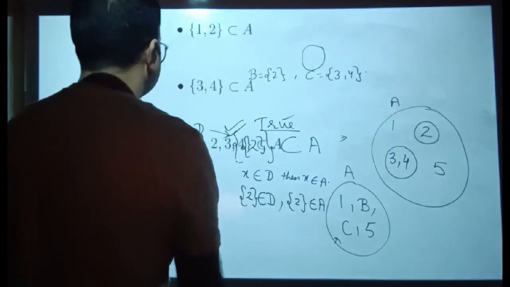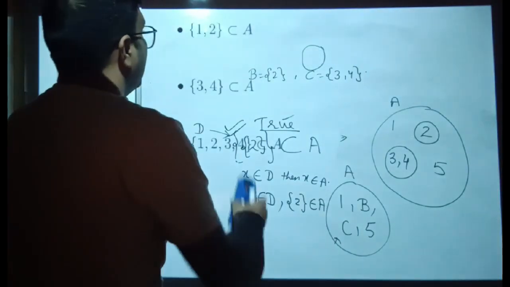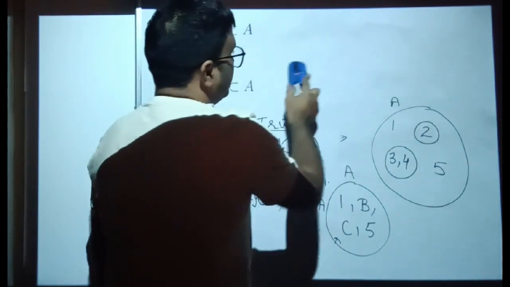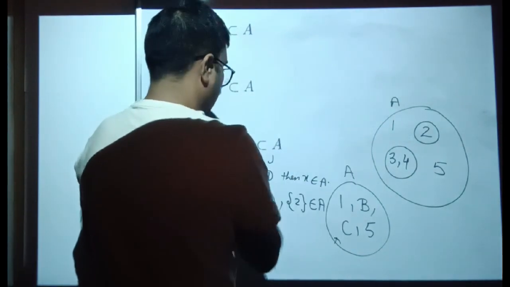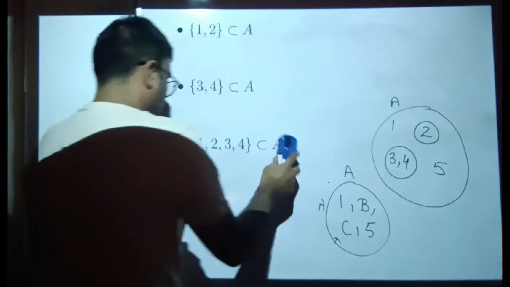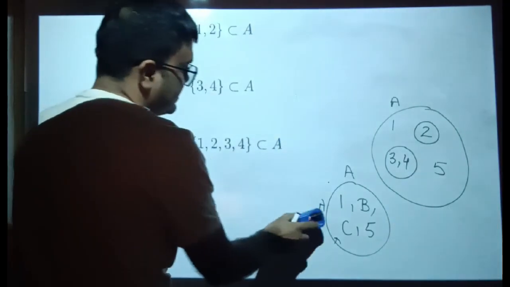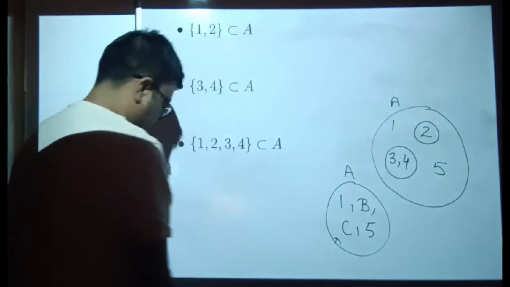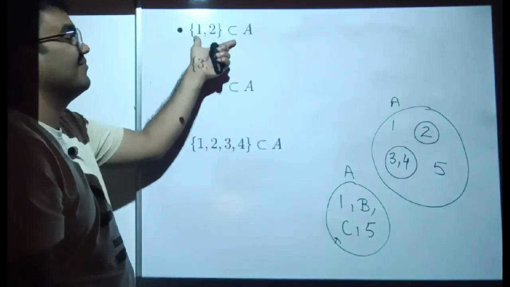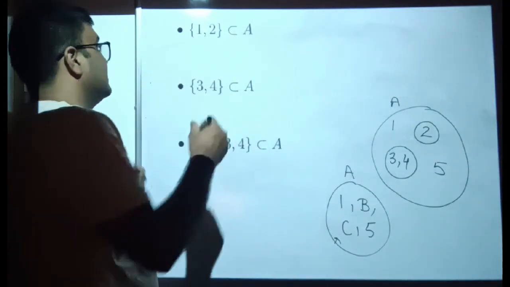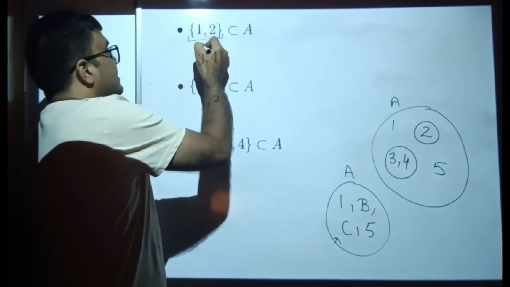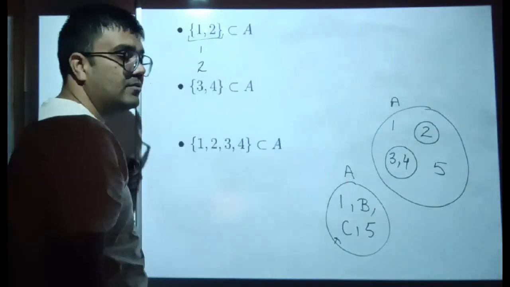Next, 1, 2. We are saying 1, 2. Is this a subset of A? To check this, consider the two elements over here. It has one element 1 and another element 2.